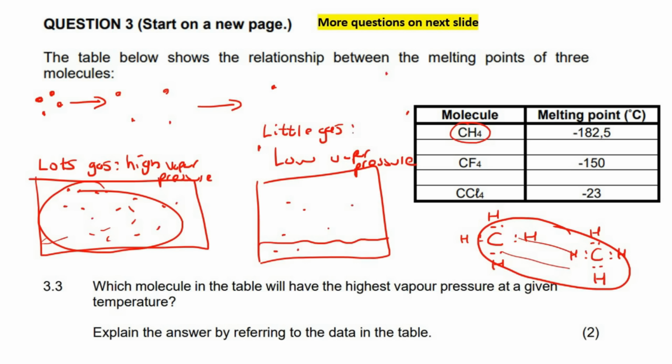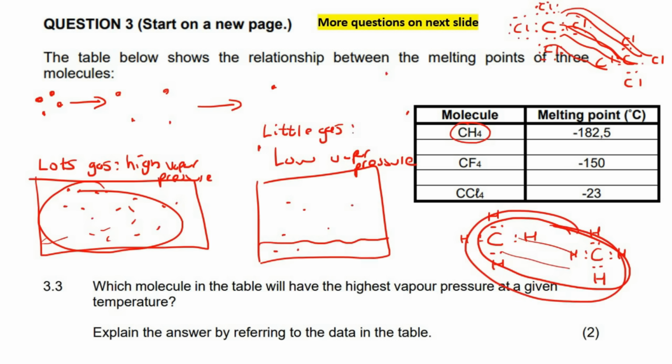Whereas, don't worry, I'm not going to draw the whole thing, but if you have CF4 or CCl4 actually, and you had all those electrons, these ones are going to be very difficult to separate because there are so many temporary London forces happening. So, these ones are easy to separate. These ones are very difficult to separate.